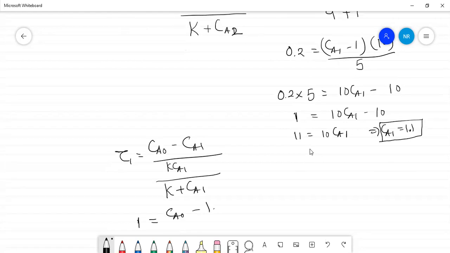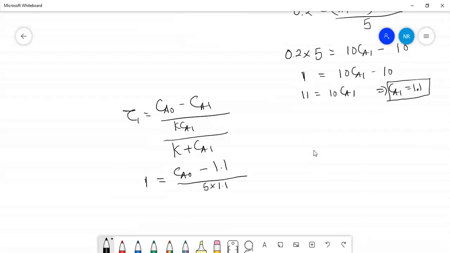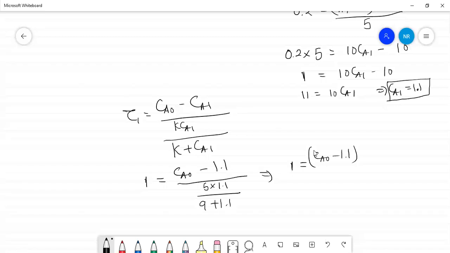CA1 we are getting as 1.1. Here, 5 multiplied by 1.1 divided by 9 plus 1.1. So 1 is equal to (CA0 minus 1.1) divided by ((5 multiplied by 1.1) divided by (9 plus 1.1)).